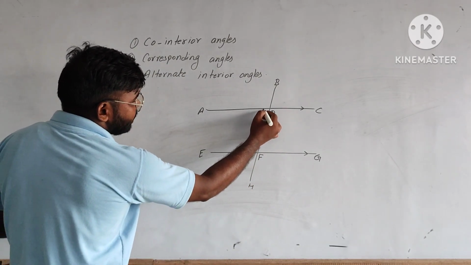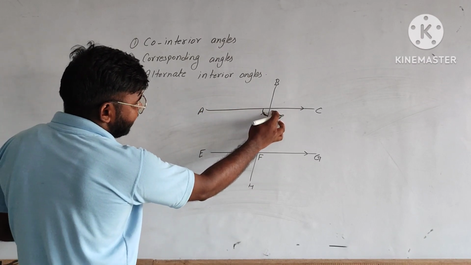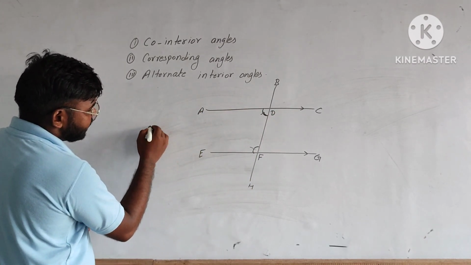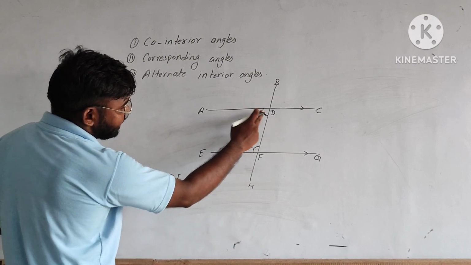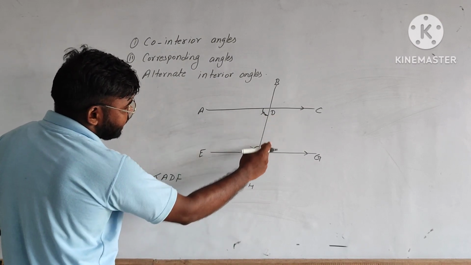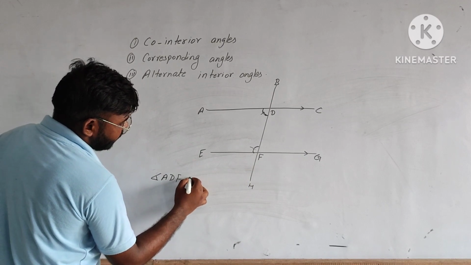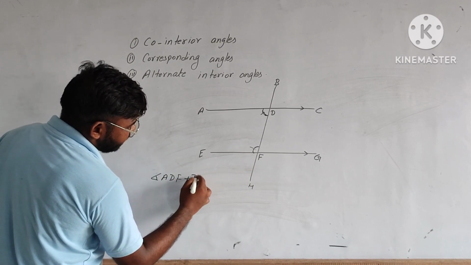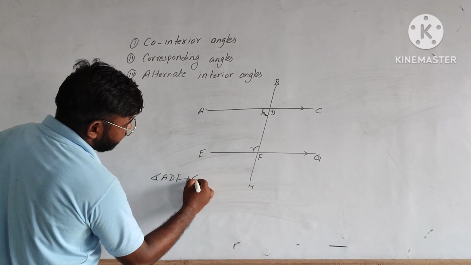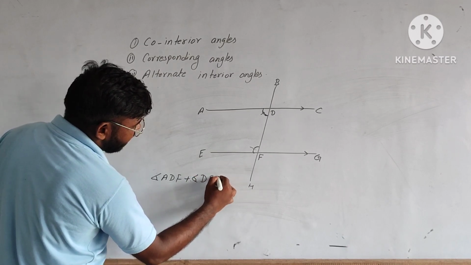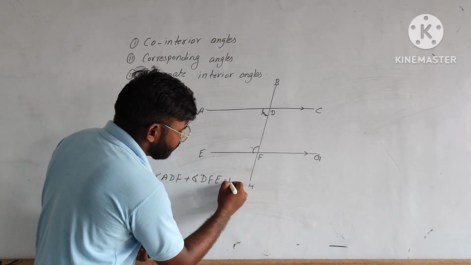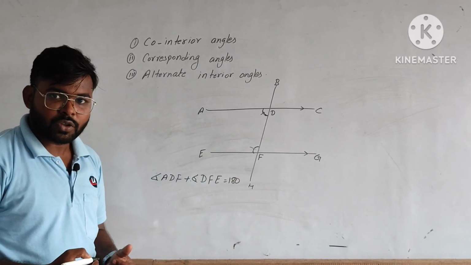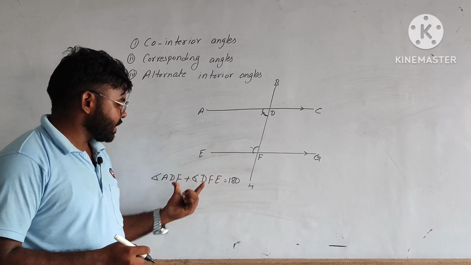For example, angle ADF and angle DFE, when we add them, their sum will always be 180.